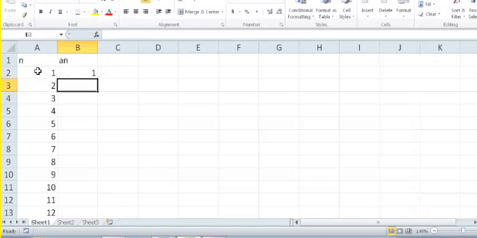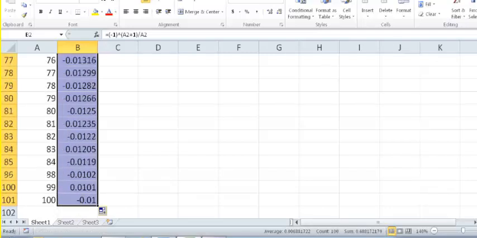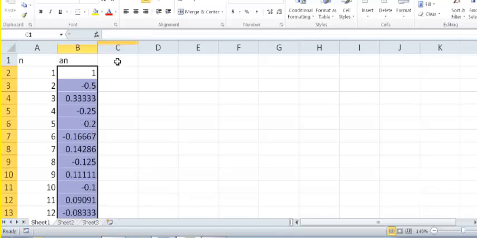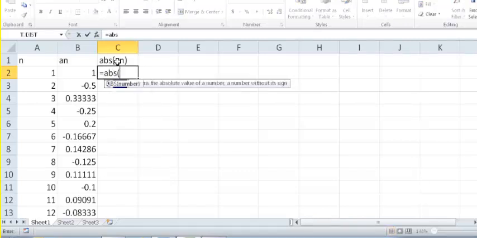When I copy this, I should get positive and negative, positive and negative. I did it correctly. Now I'm going to take the absolute value of a sub n. That will give me the other function without the alternating, so this one will not alternate.